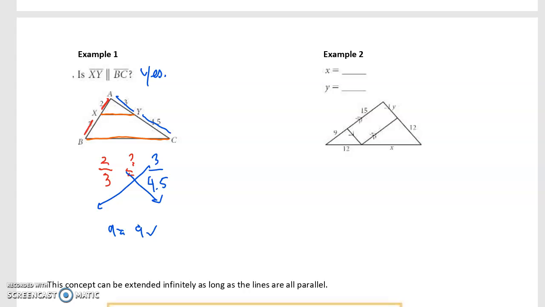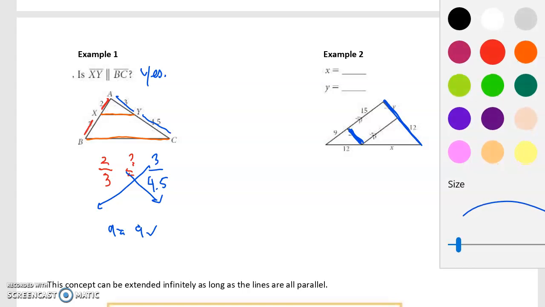So in this case, we're trying to find x and y. We have a lot of fun things happening in this diagram. It can look a little confusing, but that's okay. We just have to take it step by step and look at the different types of triangles. The first thing is I want you to notice that this segment is parallel to this segment.